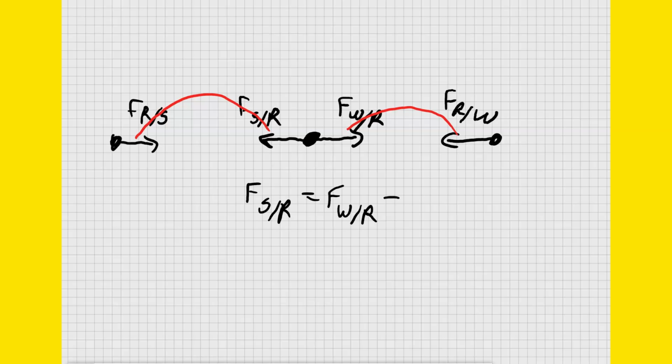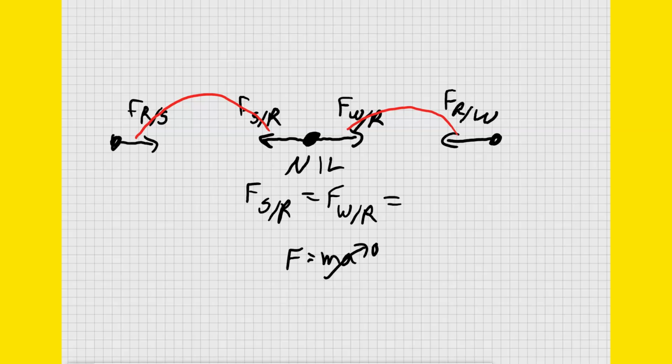This is because of Newton's first law: F equals ma, and we're in static equilibrium, which means that a is 0, so those two forces have to balance each other.